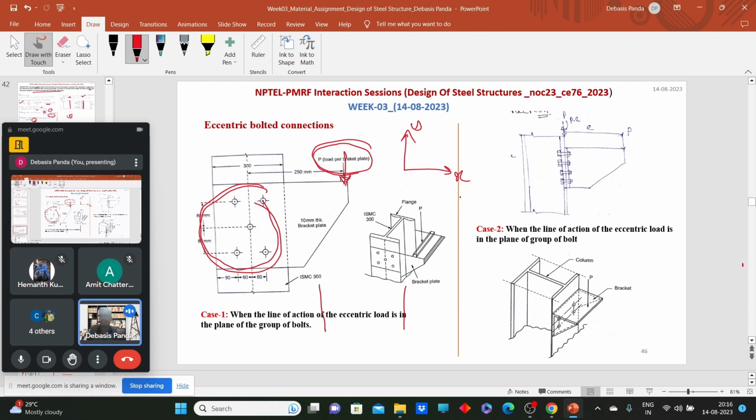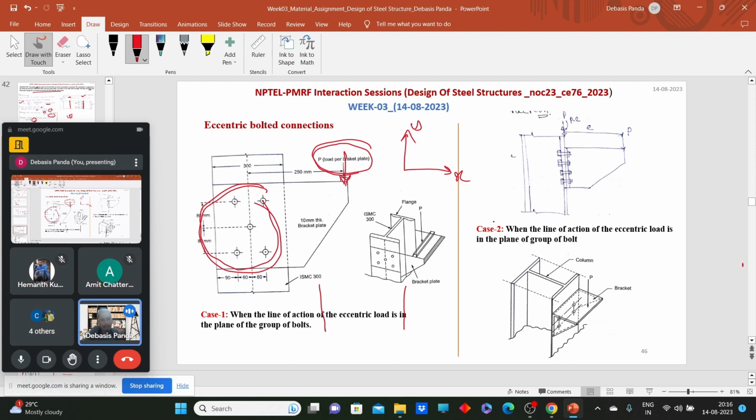If this kind of phenomenon occurs, we call it a moment connection. So case one: the line of action of eccentric loading and the CG of the group of bolts are on the same plane. Then this is one kind of eccentric connection.